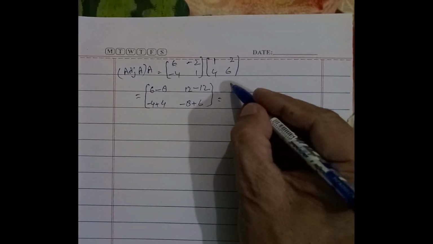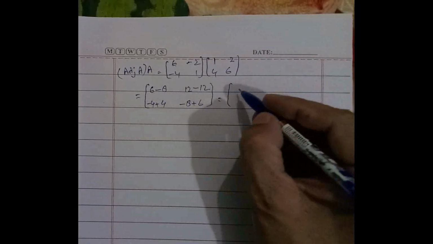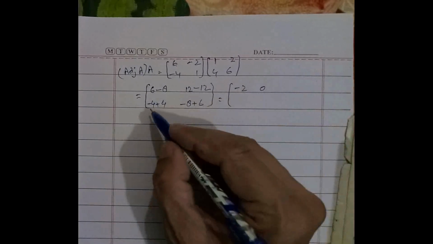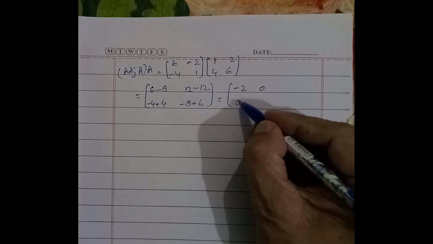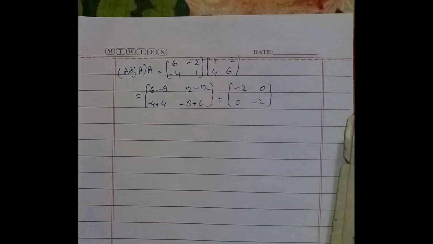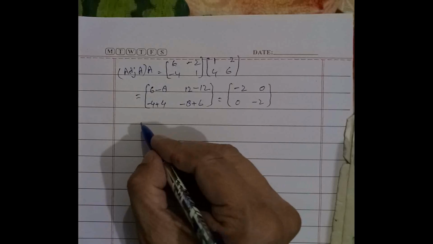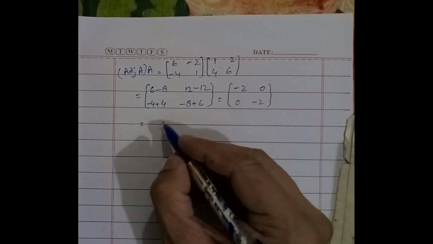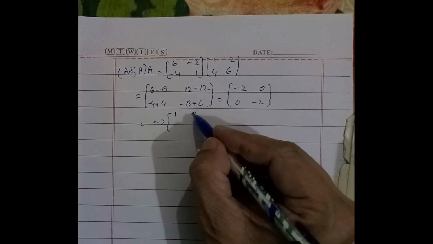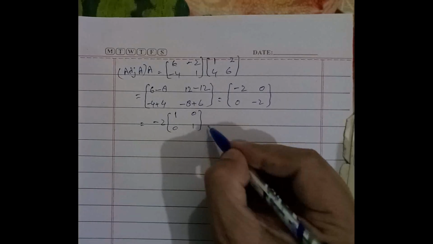Now simplify these values, we get 6 minus 8 is equal to minus 2, 12 minus 12 is equal to 0, minus 4 plus 4 is equal to 0, minus 8 plus 6 is equal to minus 2. Now take common minus 2, we get the identity matrix, which is 1, 0, 0 and 1.